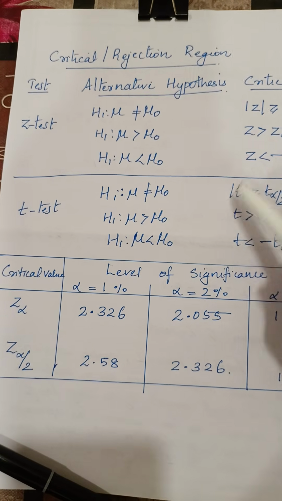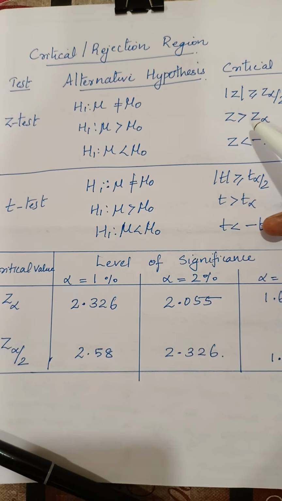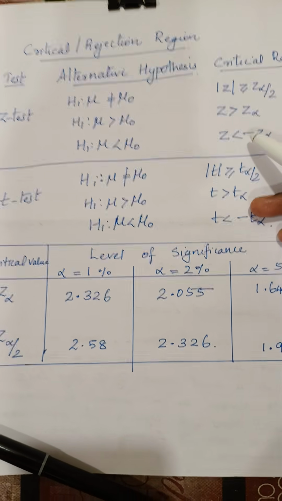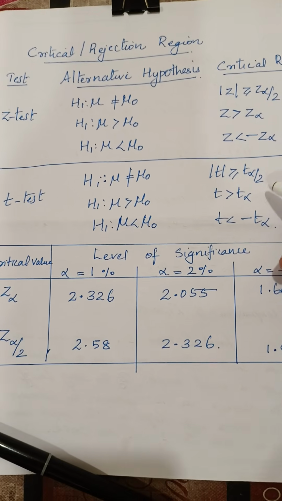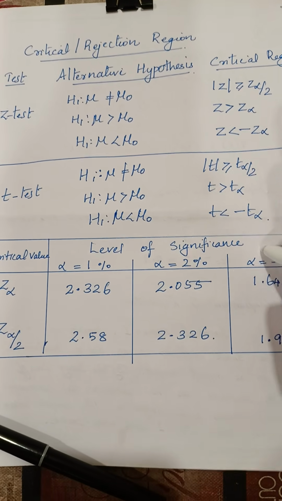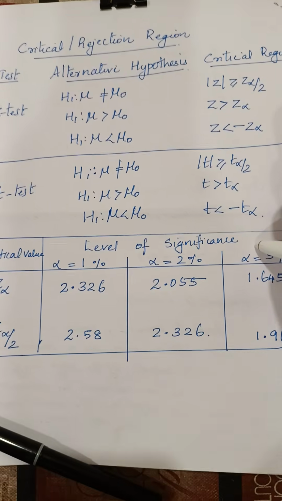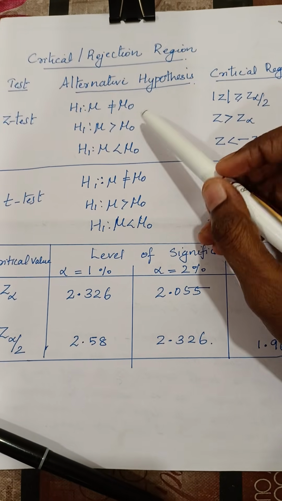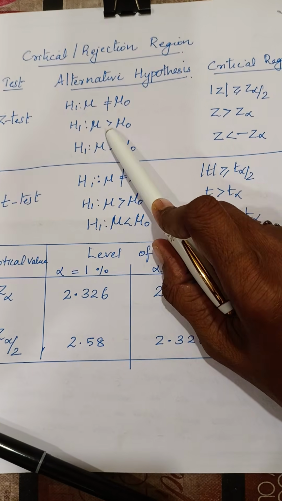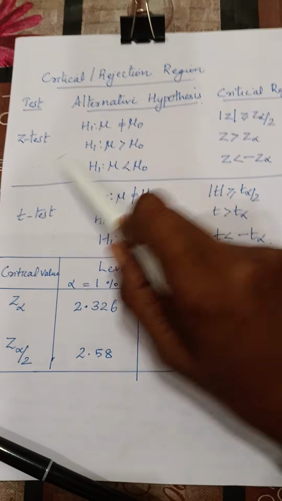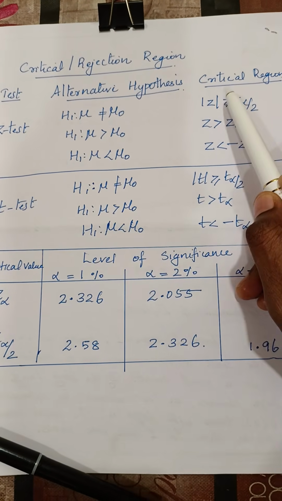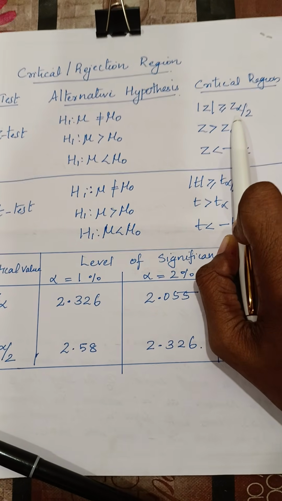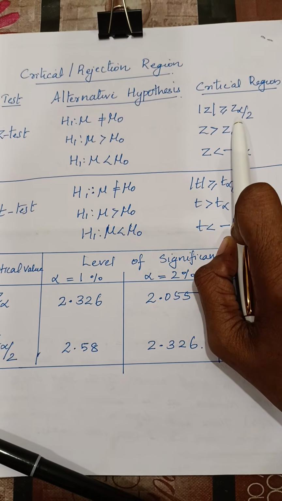So after deciding the test statistic, we have to decide our rejection region, the critical region. This rejection region is determined based on the alternative hypothesis. So if your alternative hypothesis is H1: mu not equal to mu naught and our test is the Z test, modulus Z greater than or equal to Z alpha by 2 will be our rejection region.